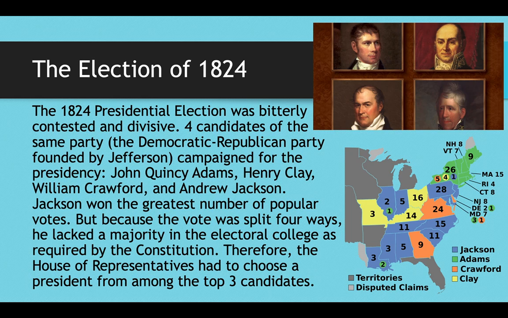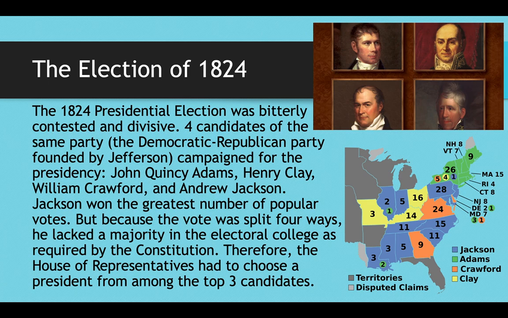However, when it then went to the House of Representatives to decide, since nobody won enough electoral votes, the House of Representatives actually sided with John Quincy Adams. Now, the top 3 candidates were John Quincy Adams, William Crawford, and Andrew Jackson.